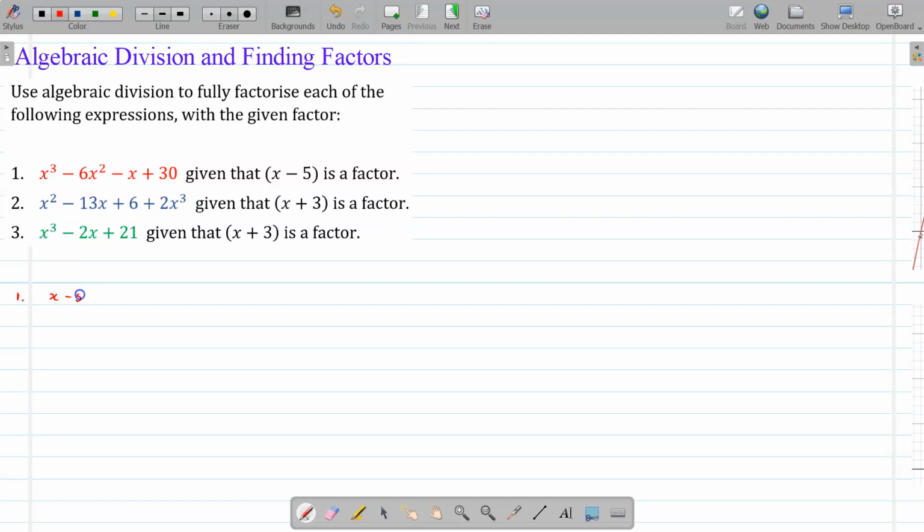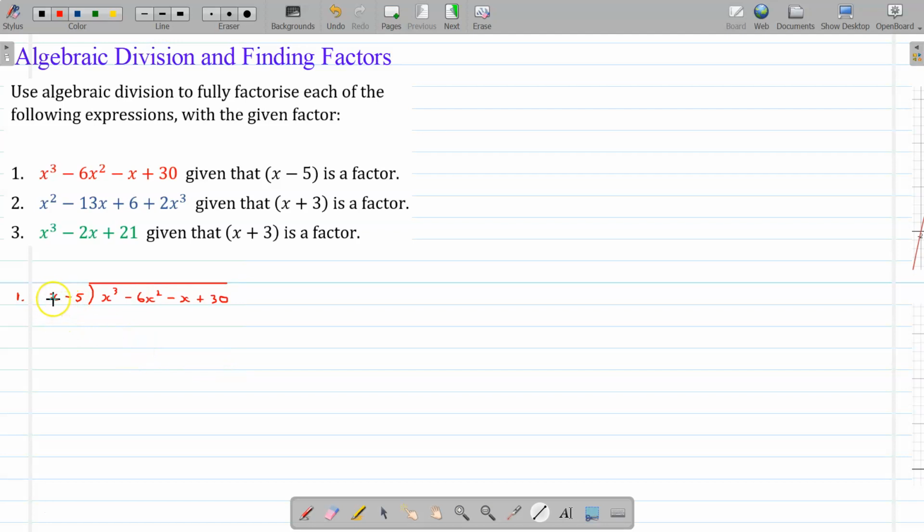Okay, and I'm seeing how many times x minus 5 divides into x cubed minus 6x squared minus x and plus 30. Okay, and I'll talk you through the steps, and then I'll show you another way of doing this in the second question, but we'll start with this.